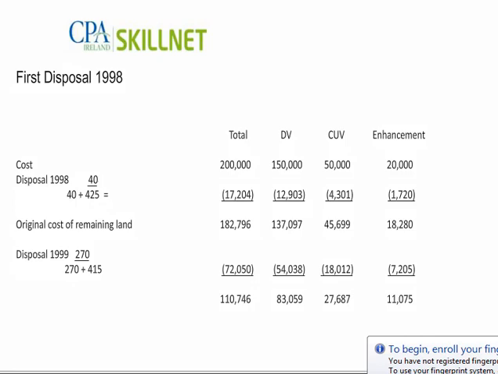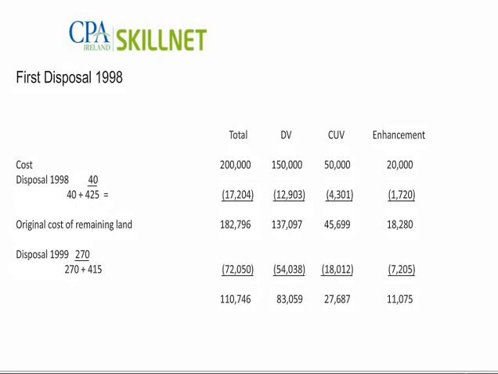Now this is the one where we just stop. Of the land that's been sold in 1999, of the original cost of 200,000, the amount to be allocated against the remaining land is 182,796, 137,097, 45,699 and 18,280.